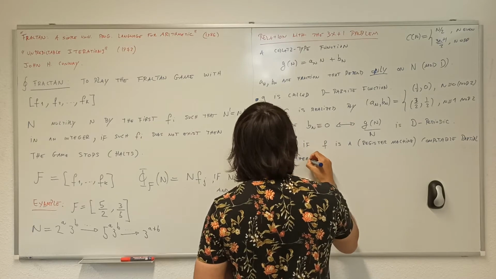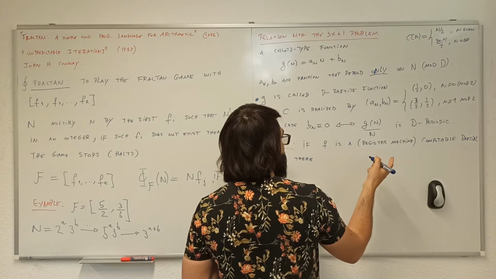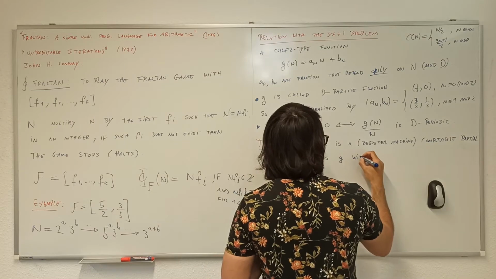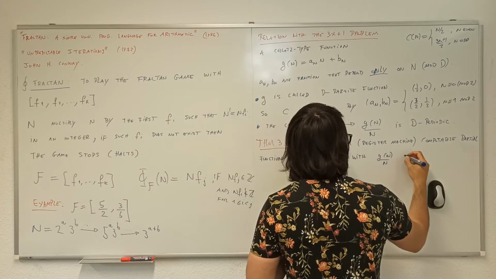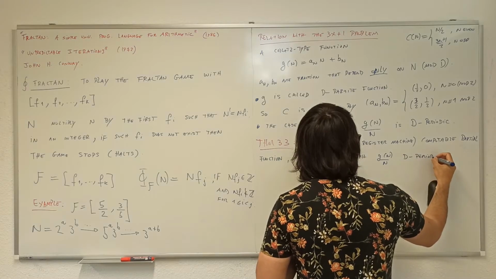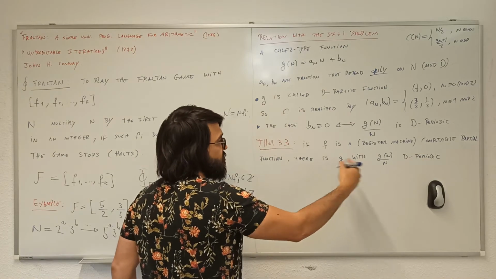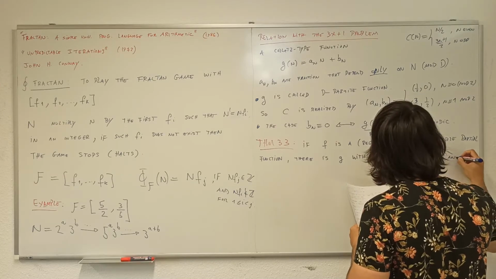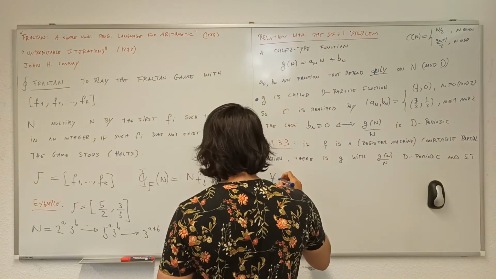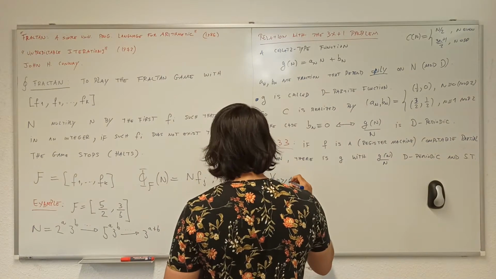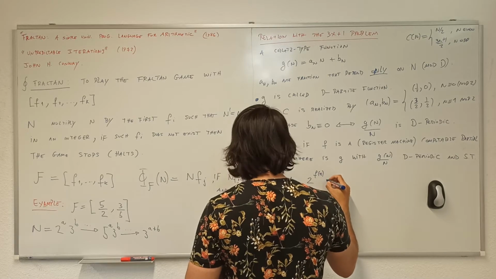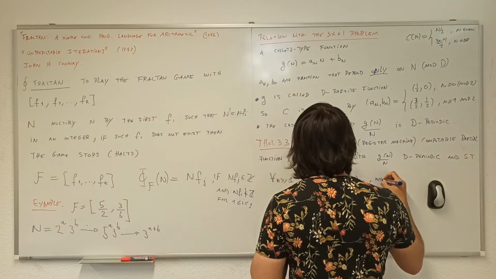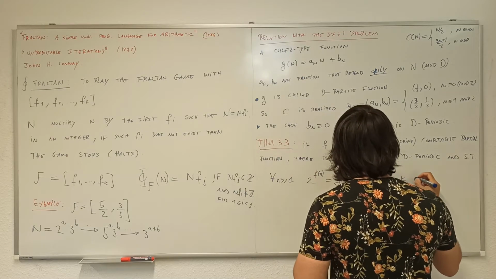If f is a computable partial function, then there is g with g n over n d-periodic, and g will be again a function that maps integers into fractions, and such that for every n greater or equal than 1, 2 to the f n is just g^k of 2 to the n, where k is the smallest.